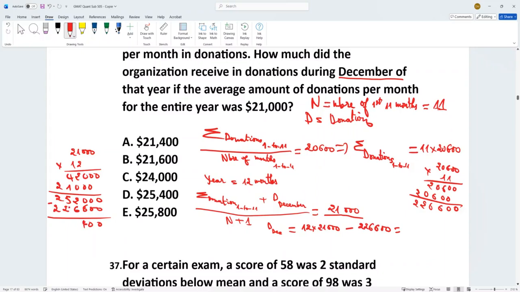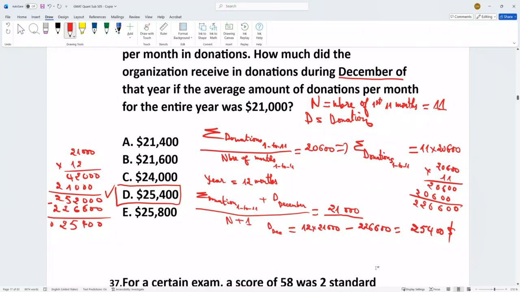This is going to give us $25,400. Definitely answer D is the correct answer. $25,400 is the amount of the donation received in December.